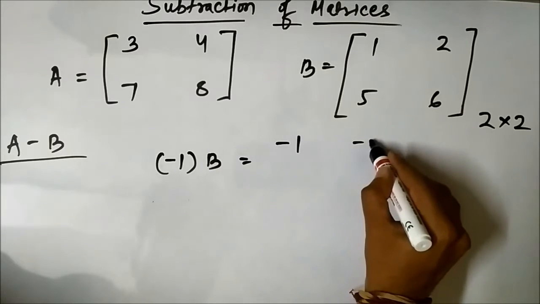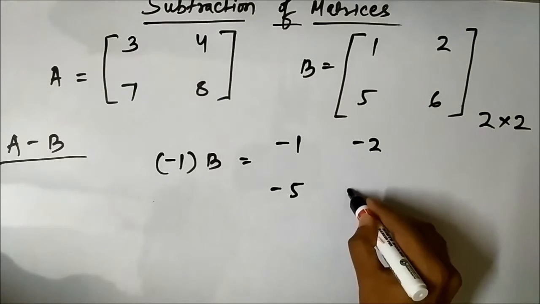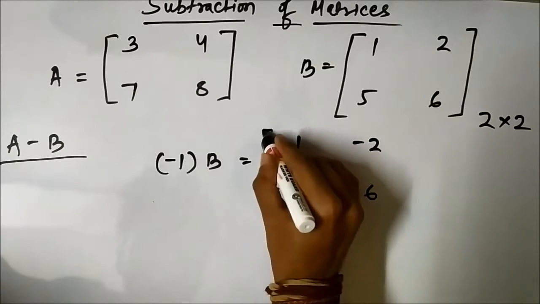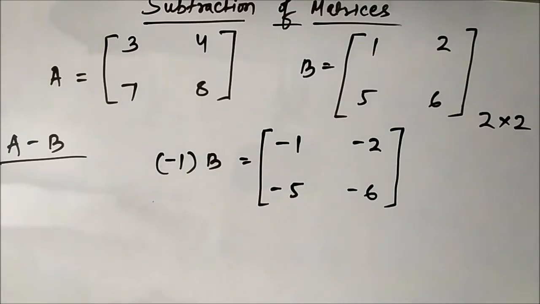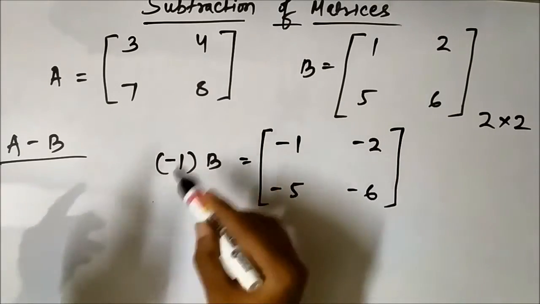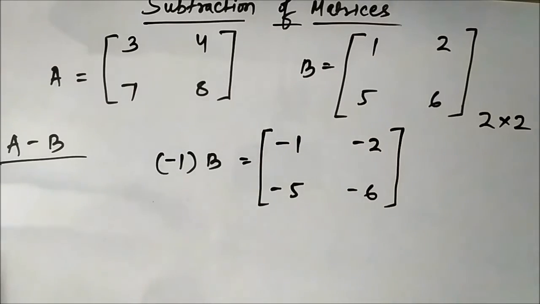That will give us minus 1, minus 2, minus 5 and minus 6. This will be the result of the scalar multiple when we multiply matrix B with minus 1.